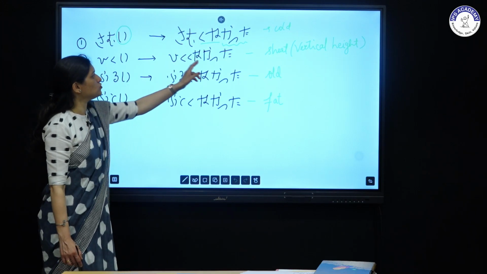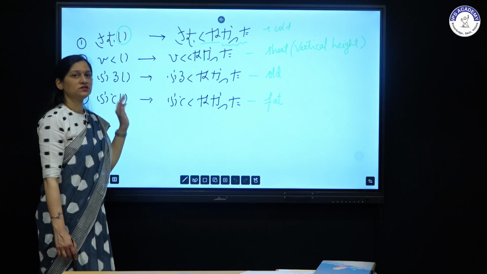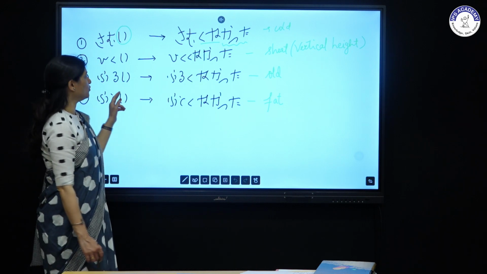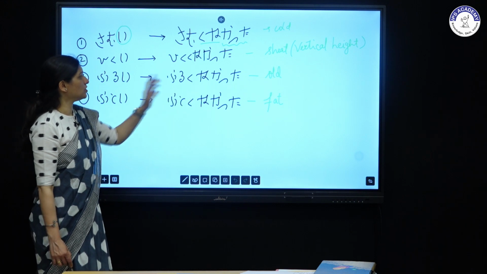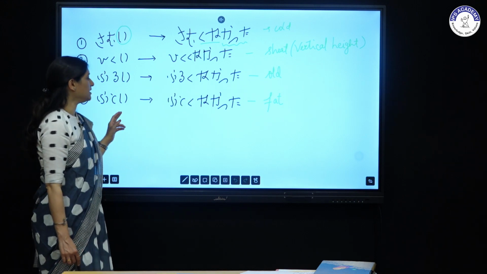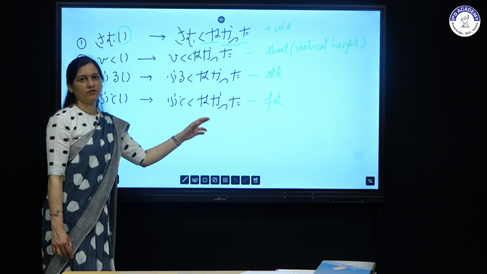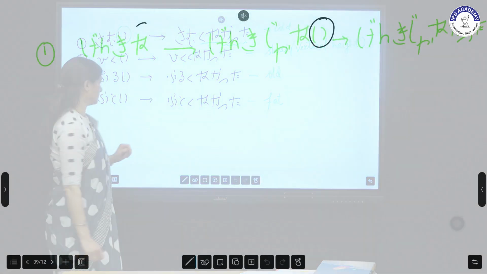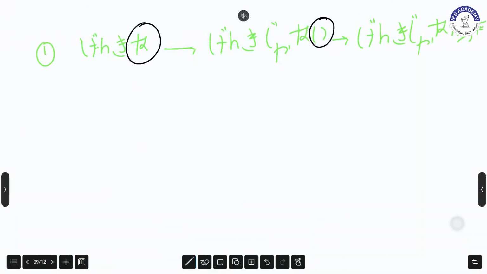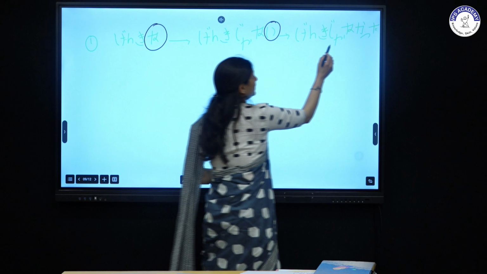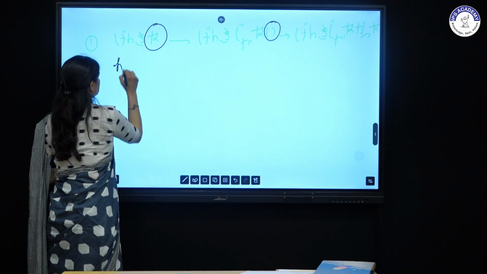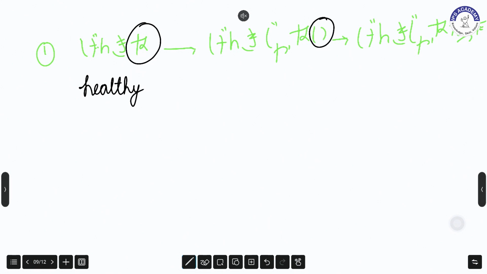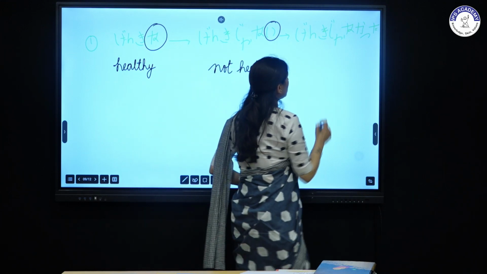Hikui, hikukunakatta. Was not short. Furui, furukunakatta. Was not old. Futoi, futokunakatta. Was not fat. From janai with katta. So genki na means genki janakatta.